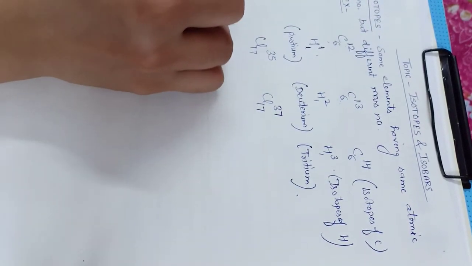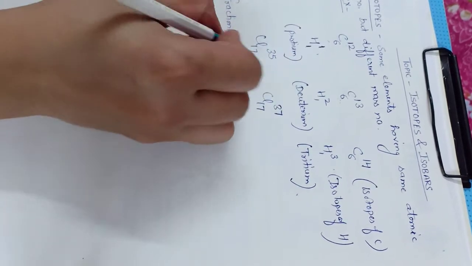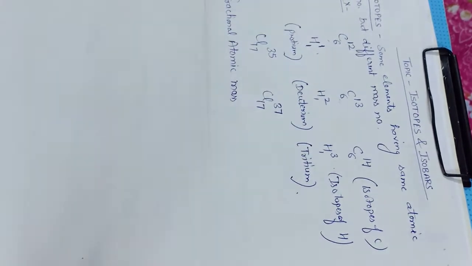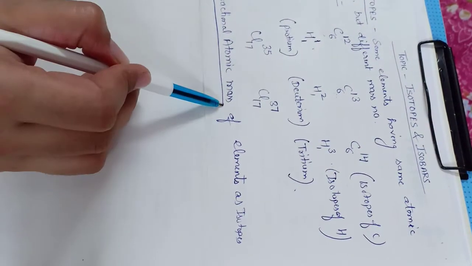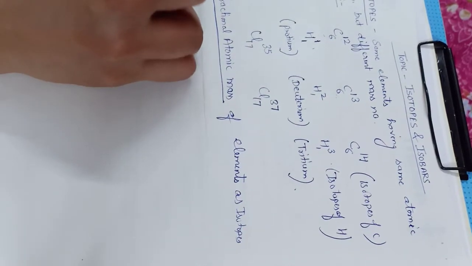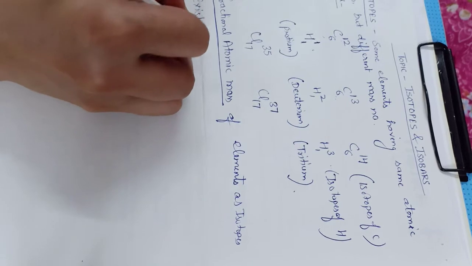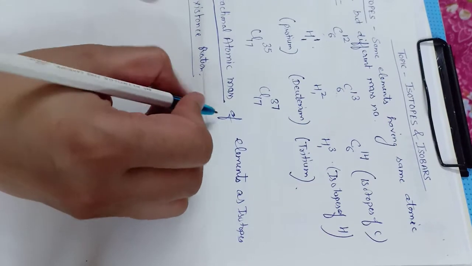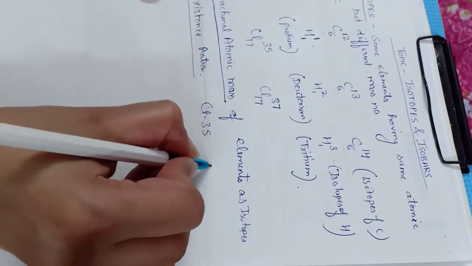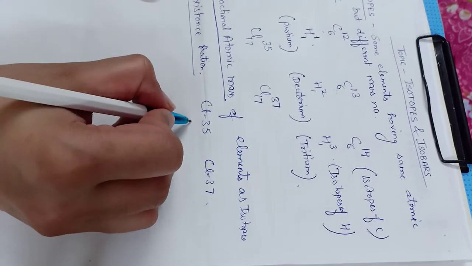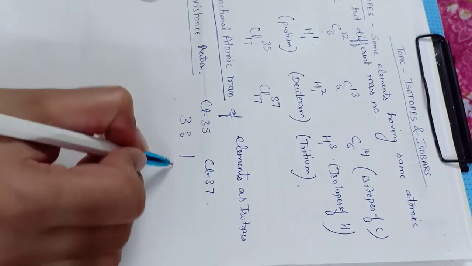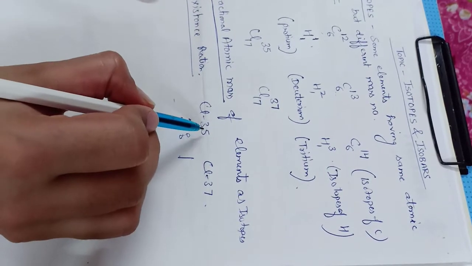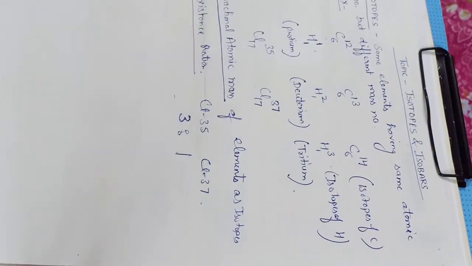Now one more thing, there is another term, that is fractional atomic mass of an element. We can calculate fractional atomic mass according to the existence ratio of the isotopes. For example, chlorine 35 and chlorine 37 are present in a 3:1 ratio in nature. It means if there are a total of 4 atoms, out of these 4 atoms, 3 atoms are chlorine 35 and 1 atom is chlorine 37.